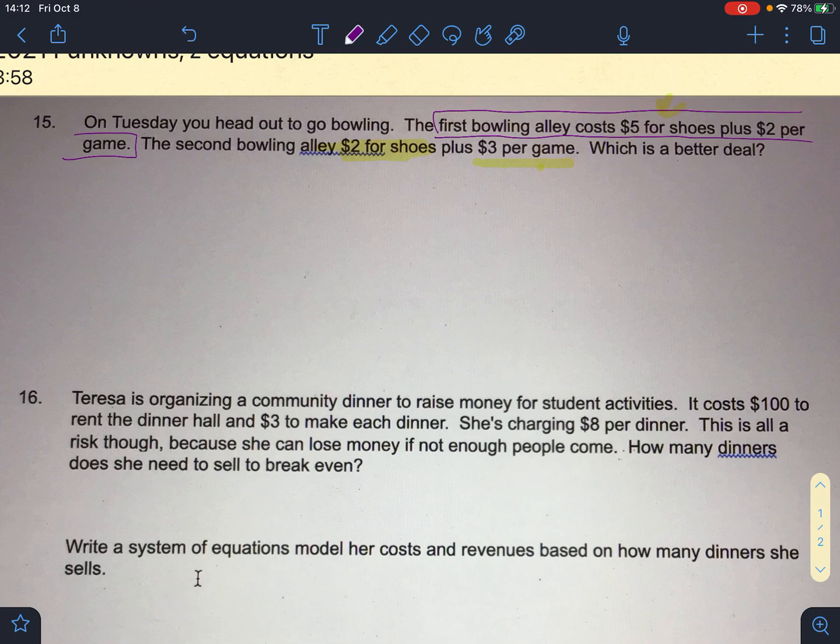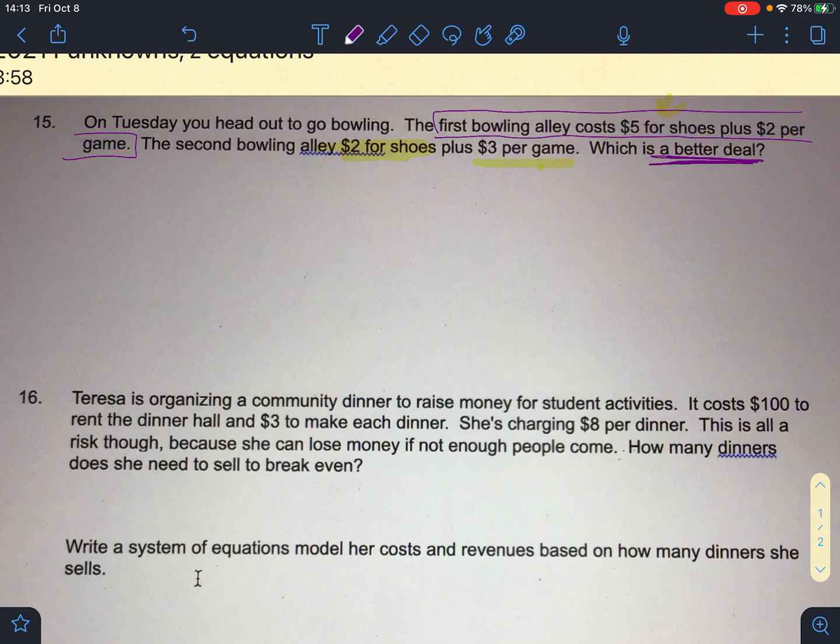I know this question is which is a better deal, but that should all depend. For example, if we went to this first bowling alley and we only played one game, we're going to rent their shoes, so $5. That's a given unless we have our own shoes. Not everyone has their own shoes, so it's going to cost $5 for the shoes and $2 per game. So let's say we play one game.